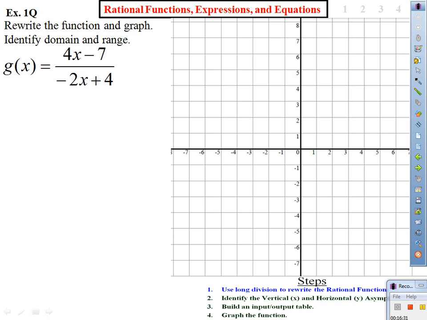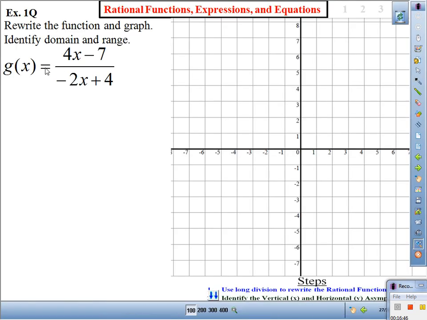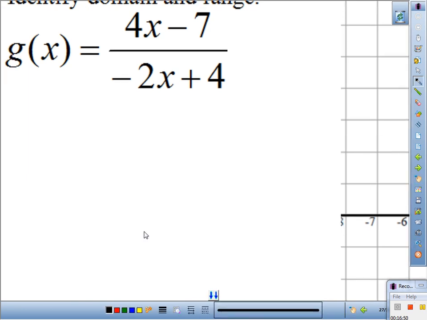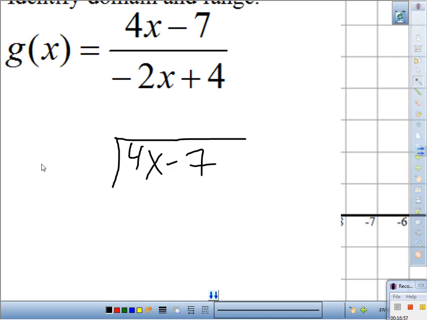Example 1 cubed. G of x equals 4x minus 7 over -2x plus 4. Let's do this one together. We got 4x minus 7 divided by -2x plus 4.